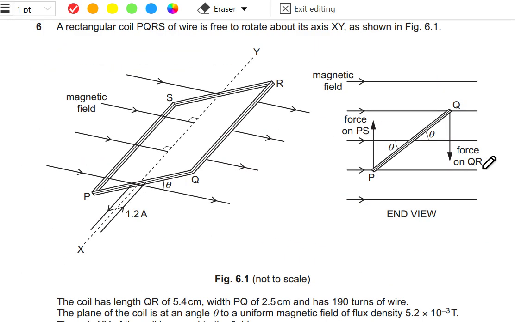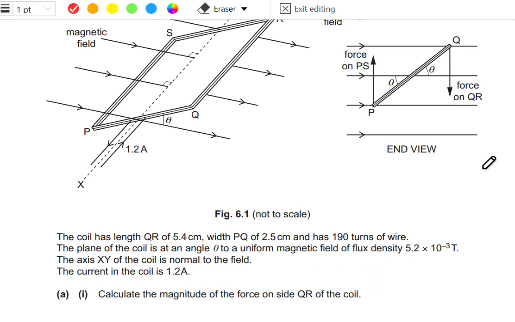A rectangular coil of wire is free to rotate about its axis. The coil length QR is 5.4 centimeter. Width BQ is 2.5, 190 turns.